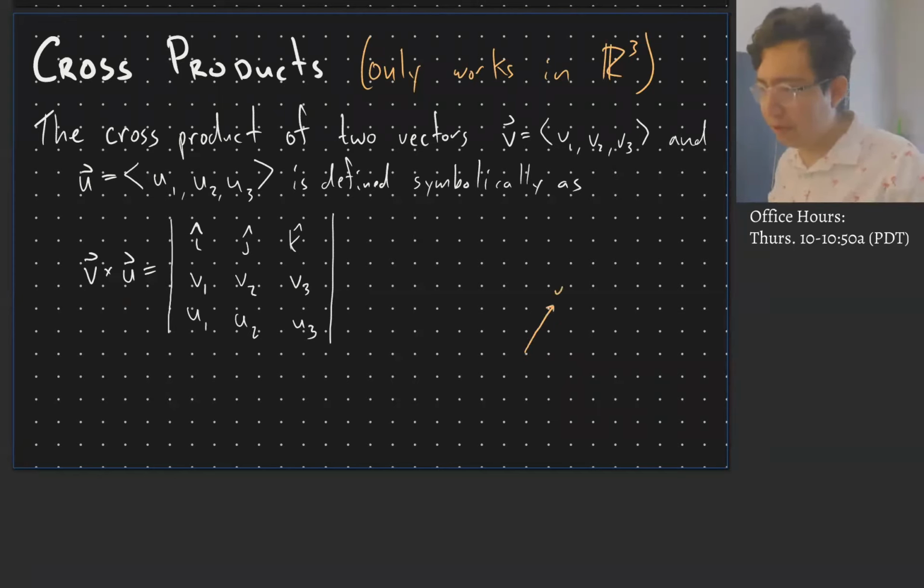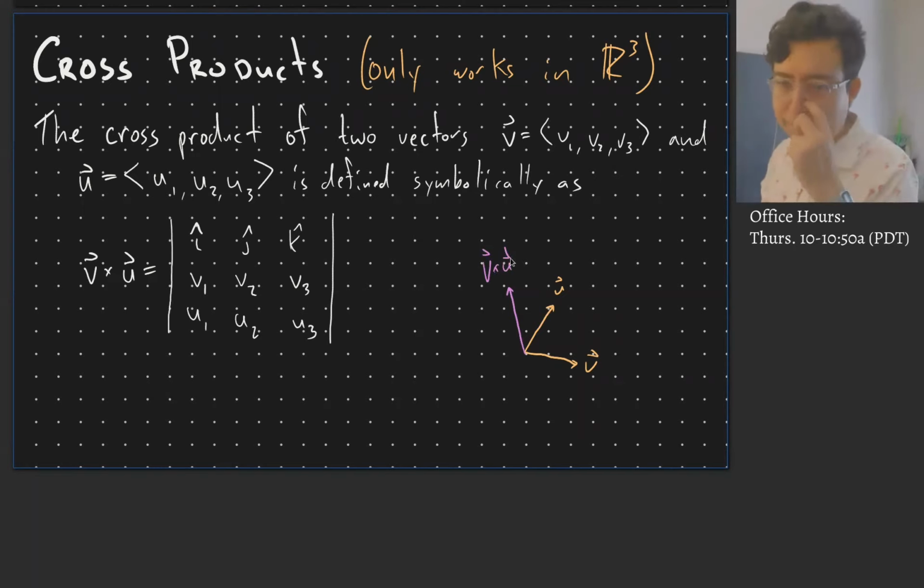If this is U and this is V, what this is doing is giving you a vector which is orthogonal to both of these vectors. Okay, let's draw something like that. So this vector here is V cross U. Okay.